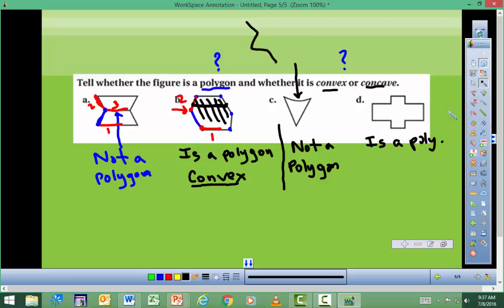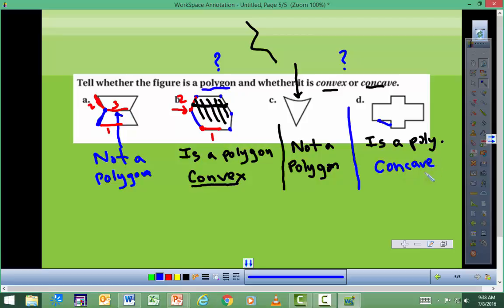Well, you notice in this case, if I were to pick a point here and pick a point here, and make a segment, much of that segment is outside of the polygon. So this one is what we call concave.